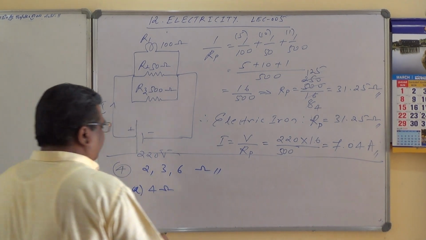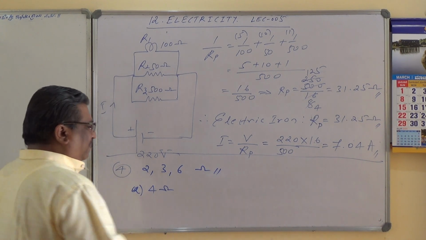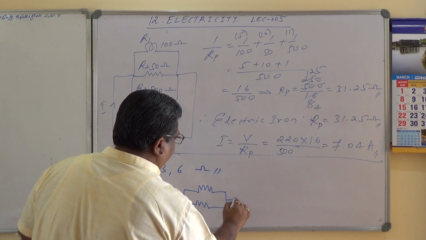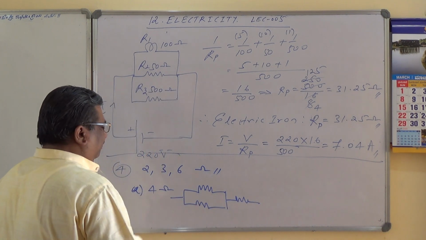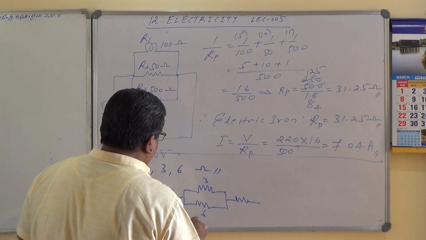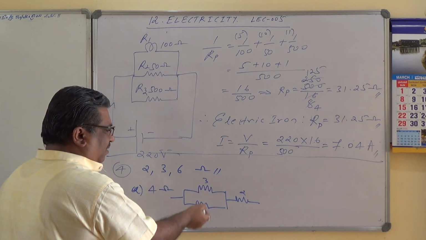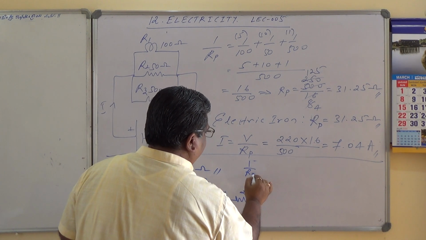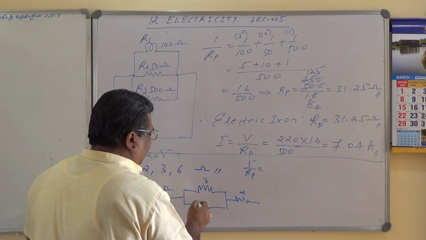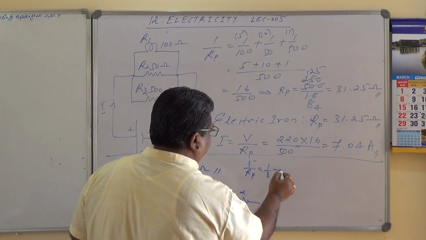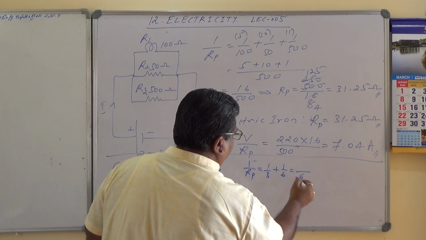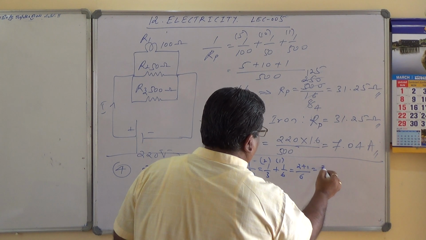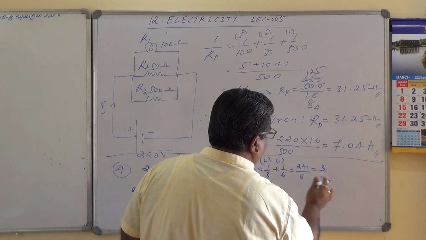How to connect now? I am thinking 3 and 6 to be connected in parallel combination, in series with 2. So what is the Rp over here? 1 over Rp equals 1 by 3 plus 1 by 6, which equals 2 plus 1 by 6, which equals 3 by 6.